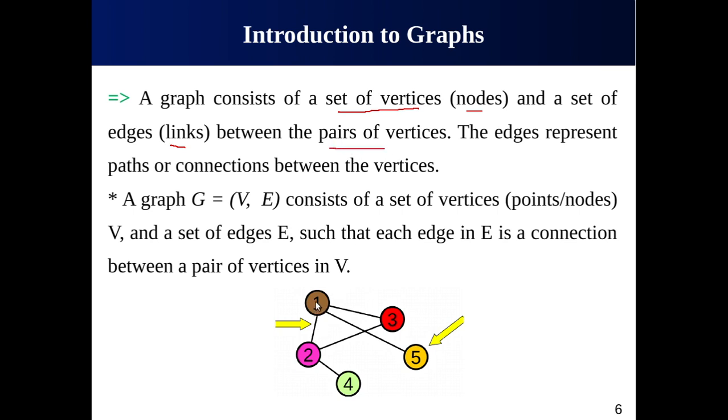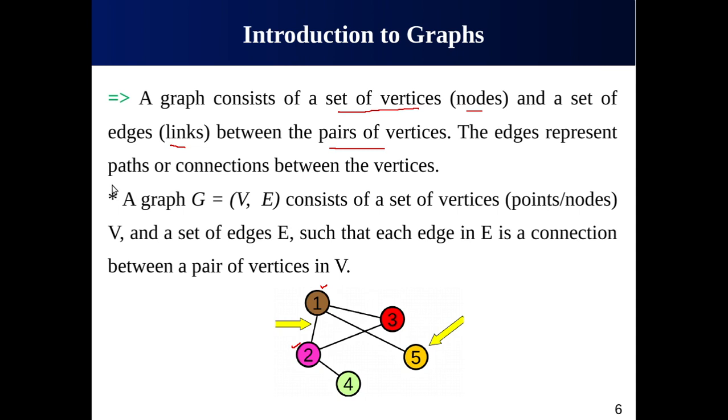You can see here we have 2 nodes, 1 and 2, and they have been linked with the help of an edge. So we have a pair of vertices or nodes 1 and 2, linked with the help of a link, and the combination of it is known as a graph. These edges or links represent paths, or you can say connections between the vertices.